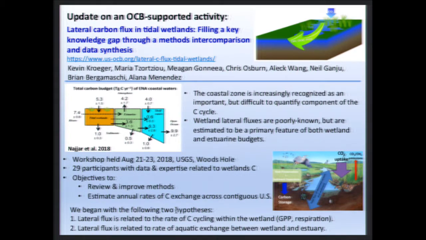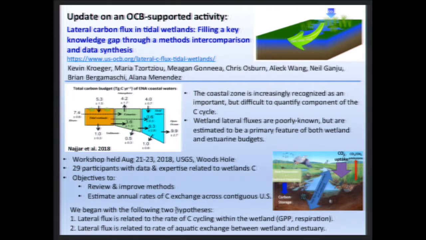So you can see in this diagram here from a Najar et al. paper recently that tidal wetland fluxes to estuaries are a significant part of the estuarine carbon budget. So the objectives were to review and improve methods and to estimate annual rates of carbon exchange across the contiguous United States.